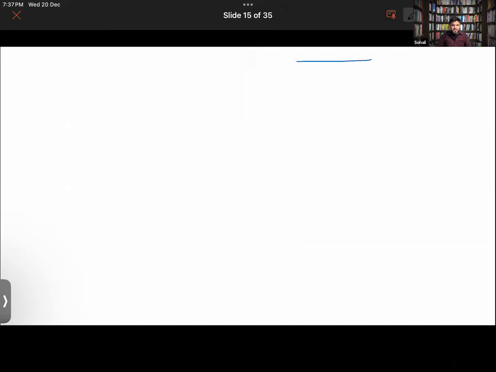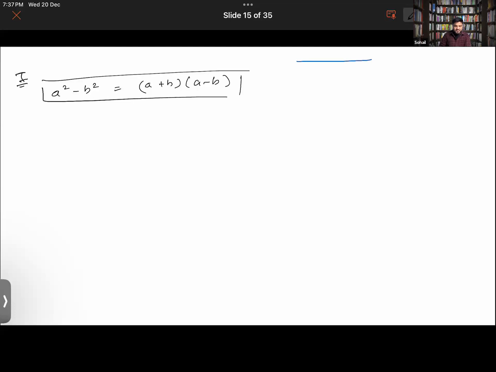See this over here. If the given expression is the difference of 2 squares, that is a square minus b square, it would be factorized as a plus b into a minus b. When do we use an identity? Whenever you have an expression where the terms are in squares, like a square minus b square.